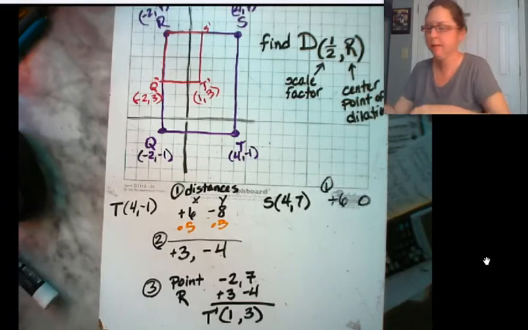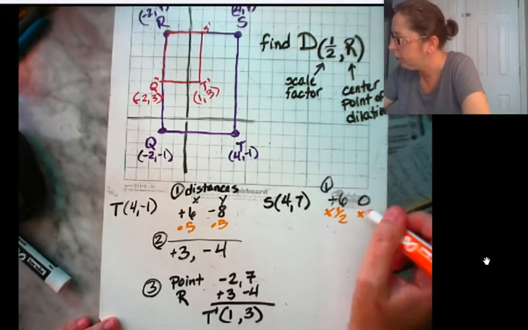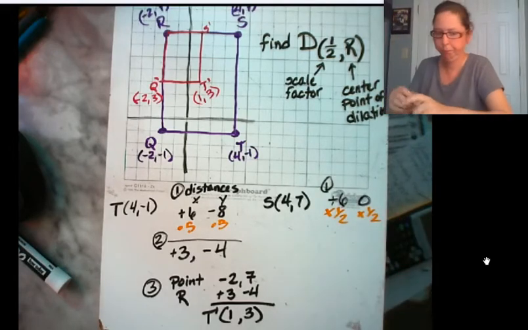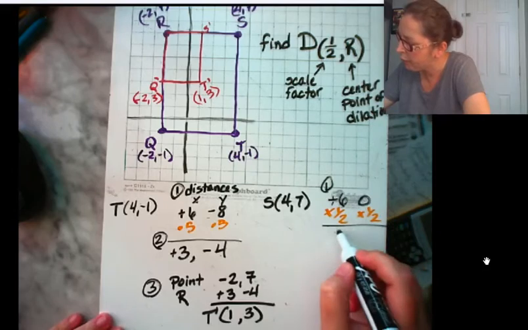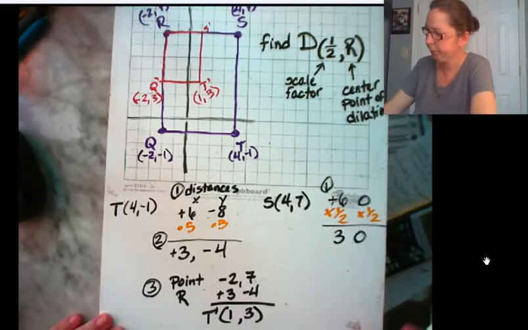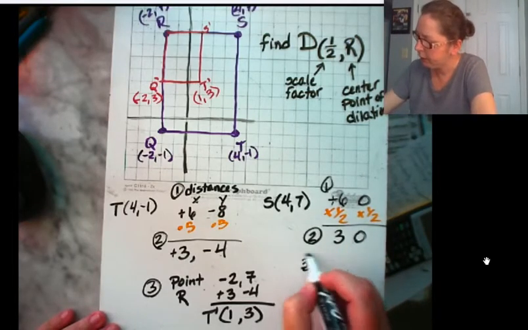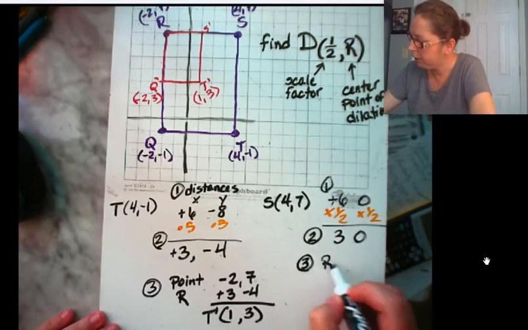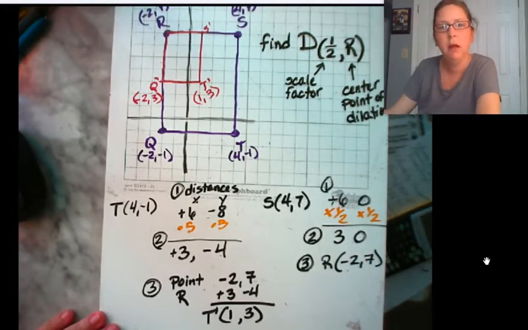Now I'm going to apply the scale factor. So times 1/2. 6 times 1/2 is 3. 0 times 1/2 is 0. That was step 2. Step 3 is point R is located at negative 2, 7.